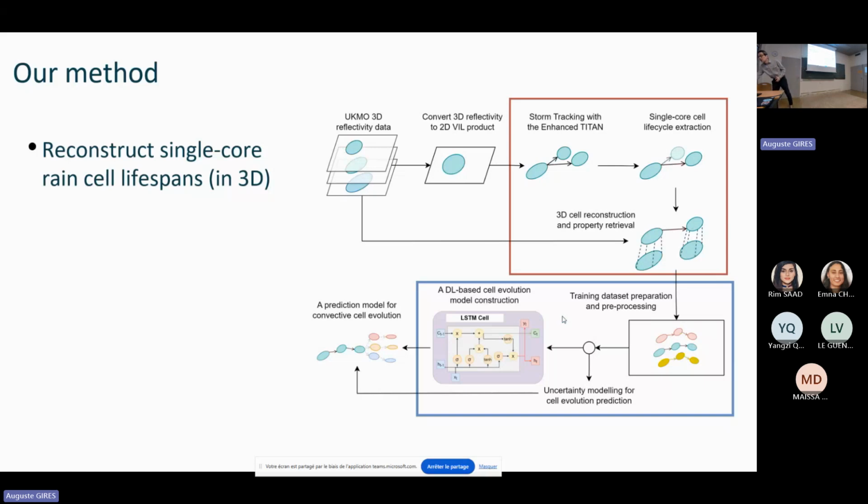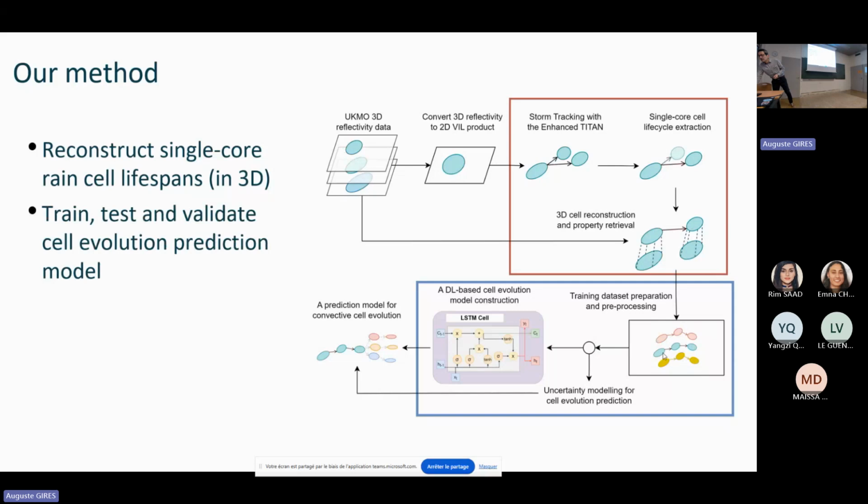So we use the evolution of properties we track from 3D radar and put it into the LSTM model to train and help us predict. In this case, we use the current and the past 3 time steps, so in total 4 time steps of the cell properties as input, to train and then predict the next 3 time steps of our rain cell: how their size changes and how their mean intensity changes.